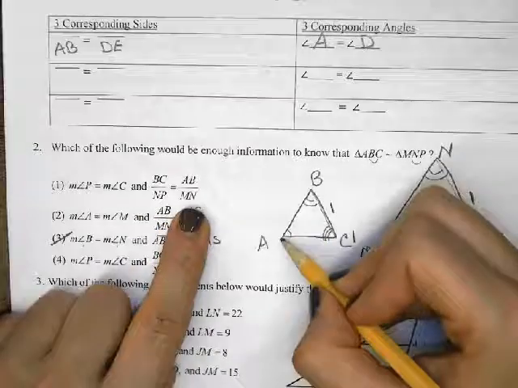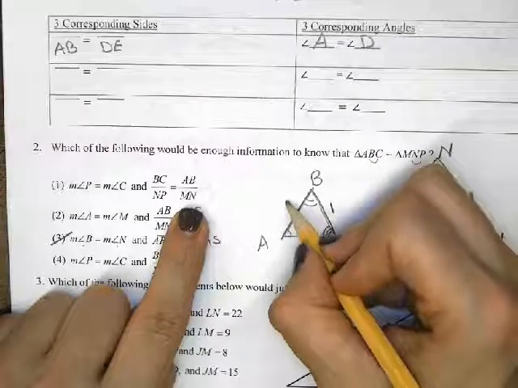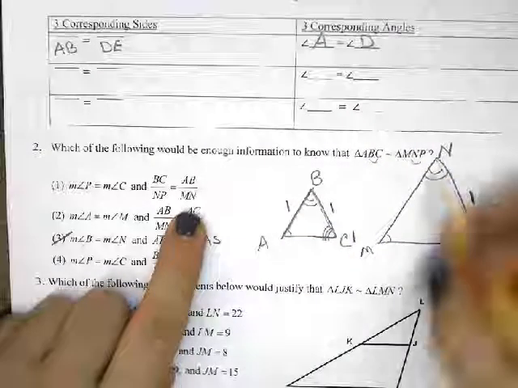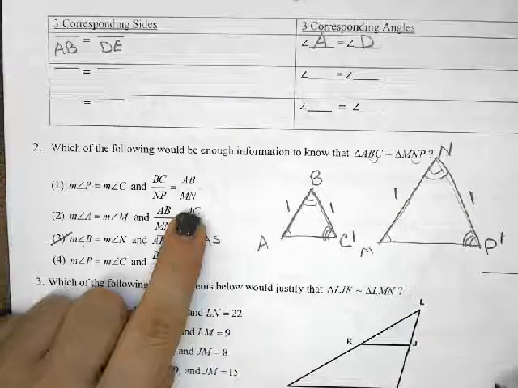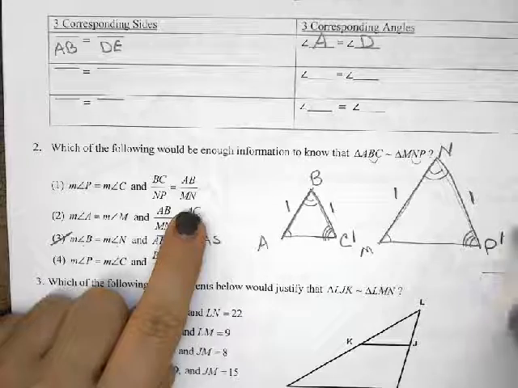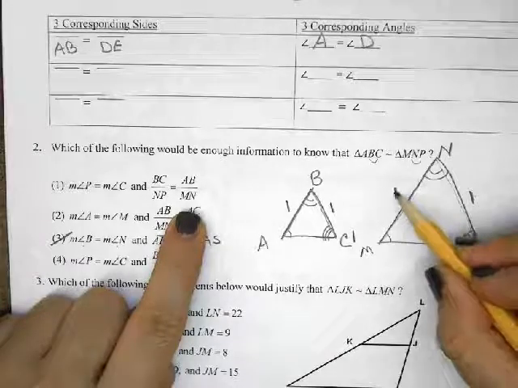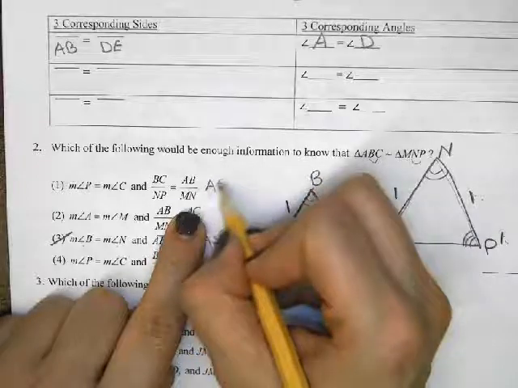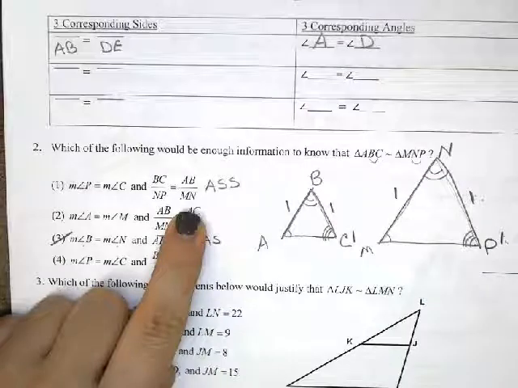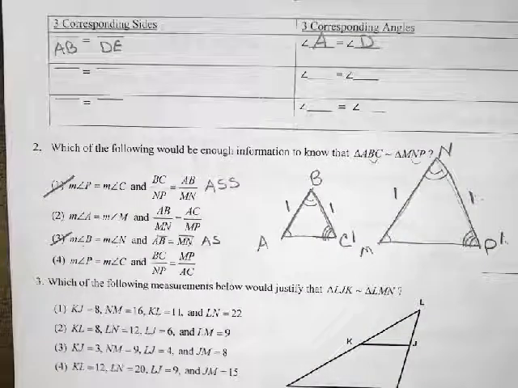And AB, I'm going to put a 1 here, with MN, yes, that does match. But if you look at the order that I've gone in, that's an angle, a side, and then another side. Those all went with number 1, and this was the angle side theorem. That is a no. So I've eliminated 1 and 3 for you.